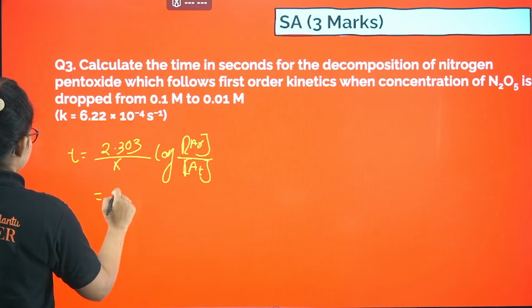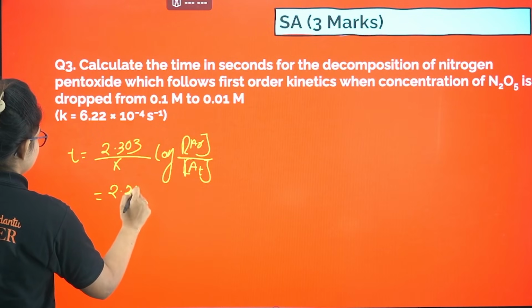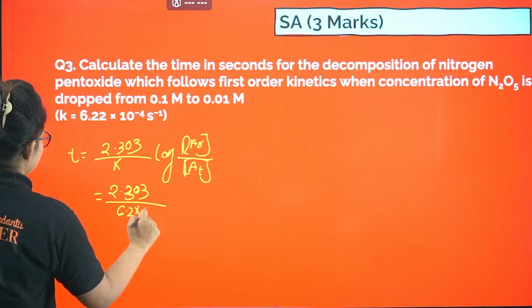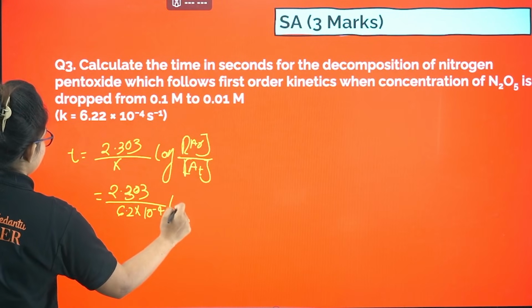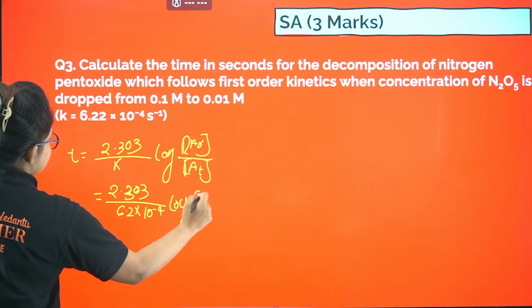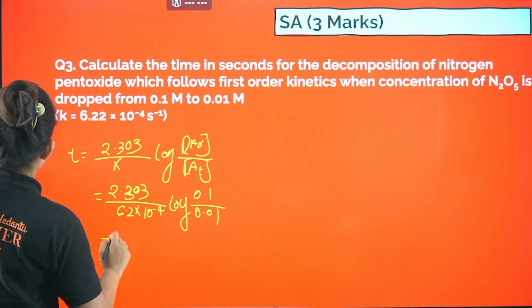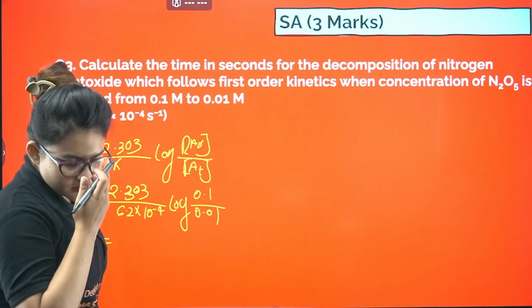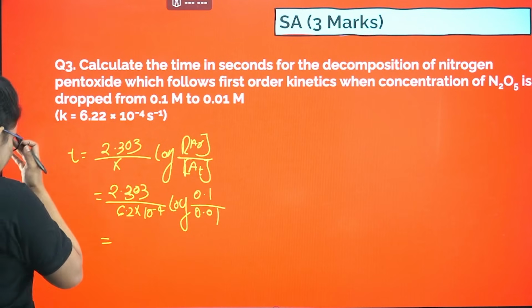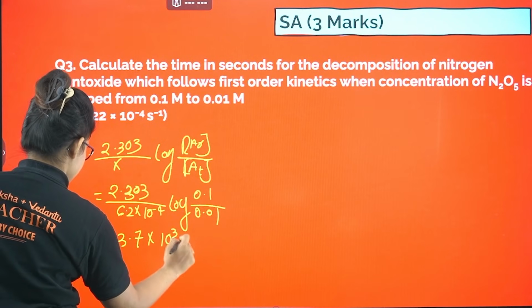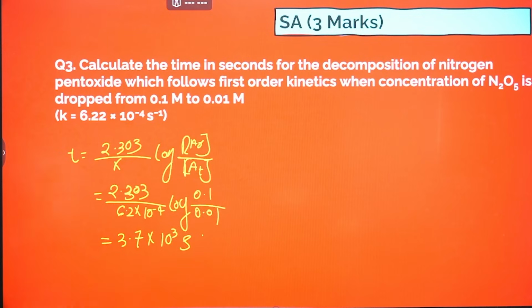Everything, you just have to put the value and calculate. 2.303 divided by 6.2 into 10 power minus 4, it's given already, log, it started from 0.1 and it dropped to 0.01. So if you just simply calculate, you will get the answer. Okay, I'm just directly going to the answer. You will get 3.7 into 10 cube seconds. Okay, I guess this is clear to you. Let's proceed.